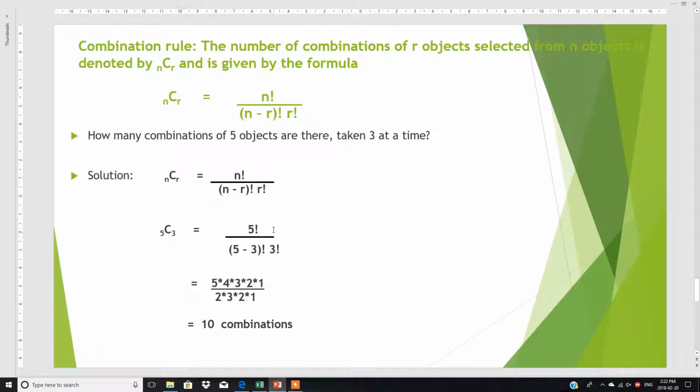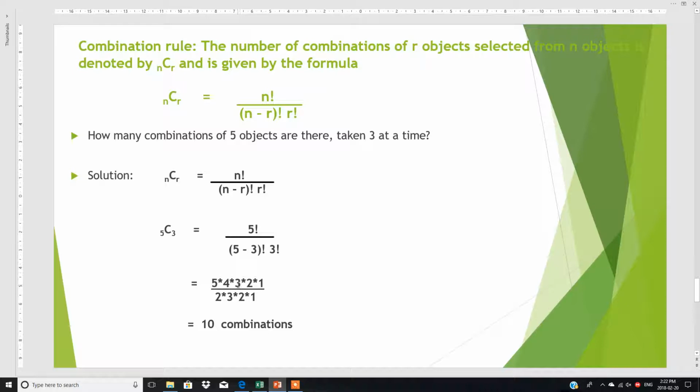Both are fine. 3 factorial does not mean only 3. It means 3 multiplied by 2 multiplied by 1. So here I have mentioned 3 multiplied by 2 multiplied by 1. 5 factorial in the numerator is 5 into 4 into 3 into 2 into 1, from 1 to 5, including that number, you have to multiply.